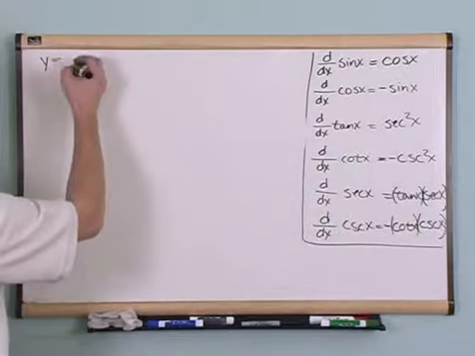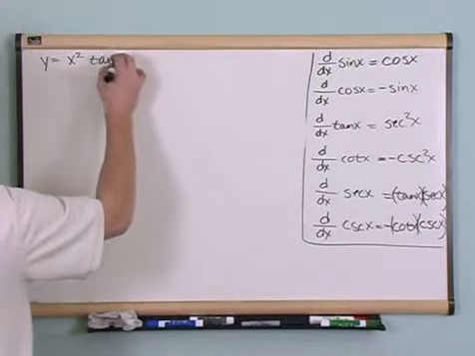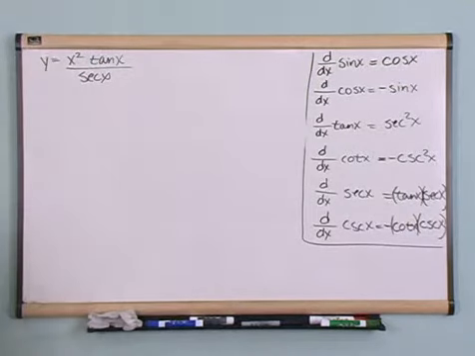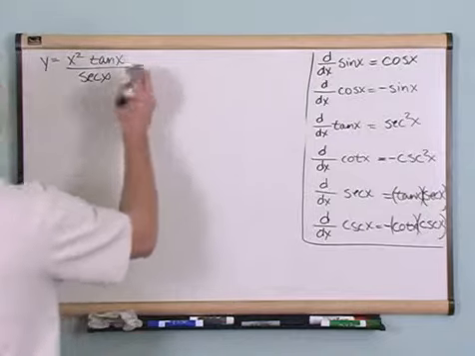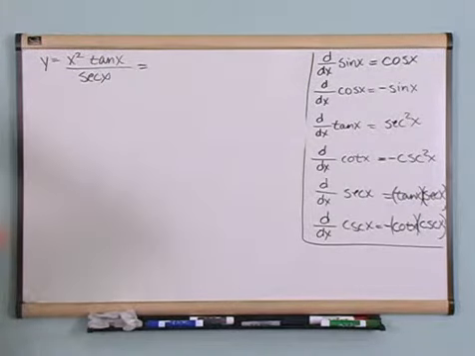What if you had x squared times tangent of x over secant of x? Okay. Well, again, we've got a term in x and another term in x, and they're divided, so you have to use that division rule.